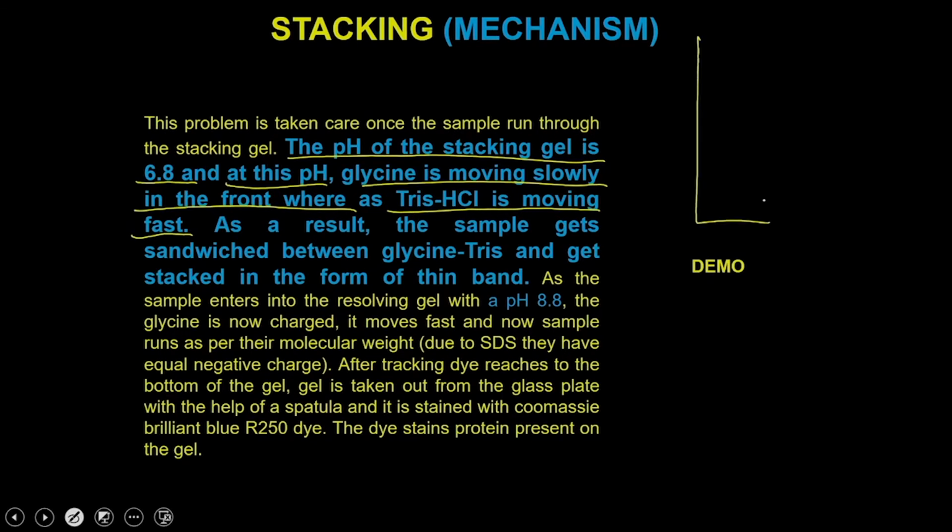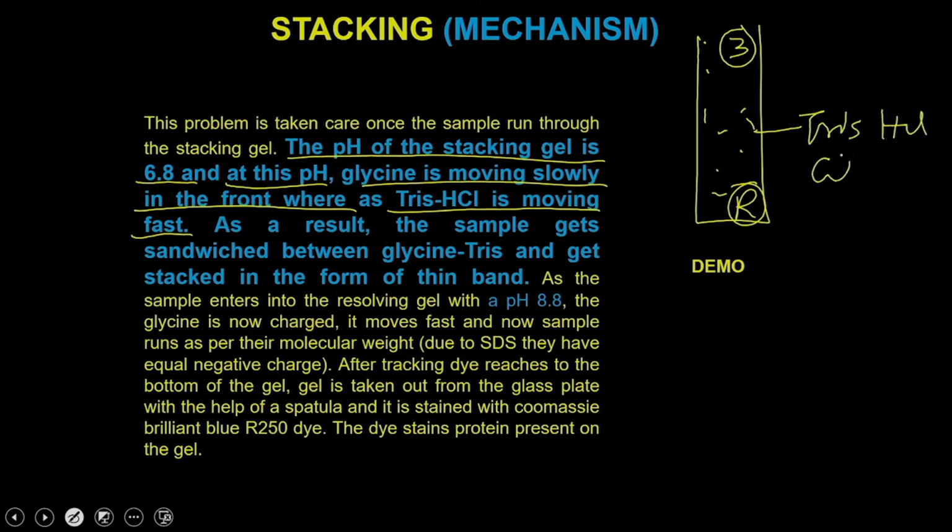So, you can imagine that you have this well where this is sample number 3 and this is sample number R, which is very far away, but these samples are present in a buffer with a composition of tris HCl and glycine, and the pH of this gel is 6.8, which is the pH of the stacking gel.